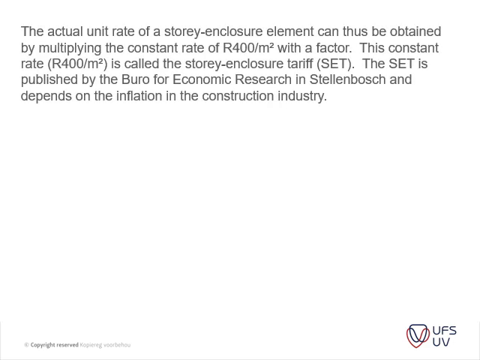Okay, the actual unit rate of a story enclosure element can thus be obtained by multiplying the constant rate of 400 square meters with a factor. This constant rate, 400 Rand per square meter, is called the story enclosure tariff, as spoken about last week. The set is published by the Bureau of Economic Research in Stellenbosch and depends on the inflation of the construction industry.